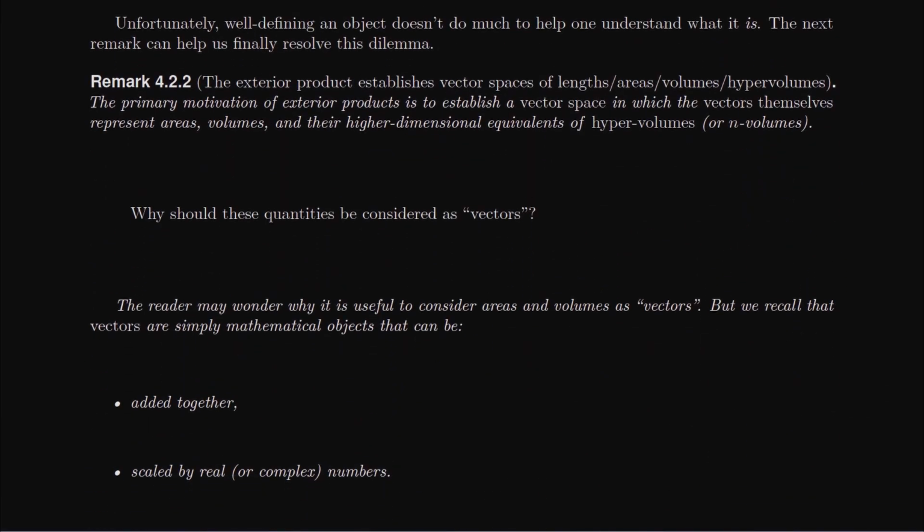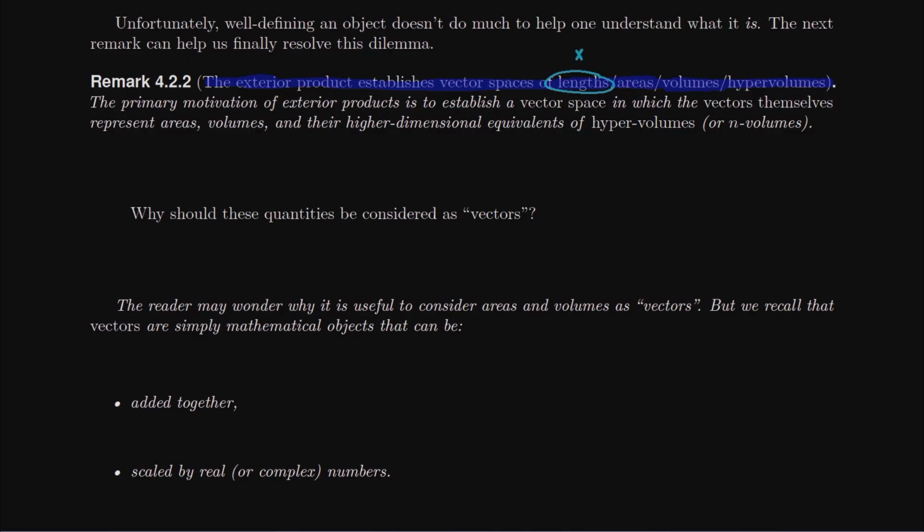Now, unfortunately, defining an object doesn't do much to help one understand what it is. The next remark is going to help us resolve what it actually is. This remark is awesome. This remark is everything you should take away from today, aside from the fact that the differential is a vector. It says the exterior product, or the wedge product, establishes vector spaces of lengths, areas, volumes, and hypervolumes. In other words, we always ascribe vectors as having a length.